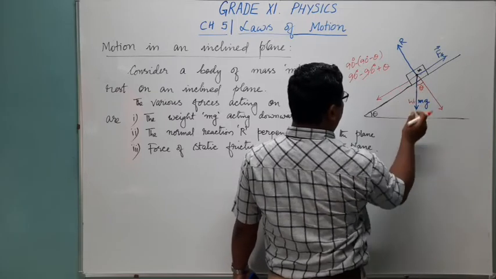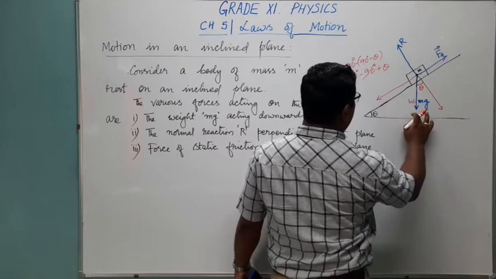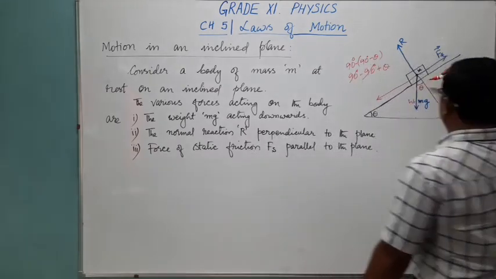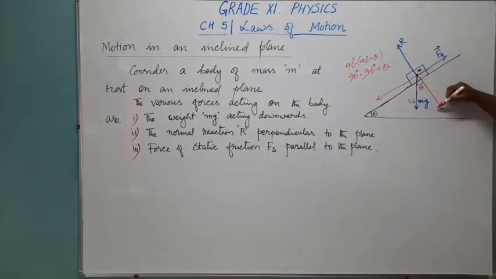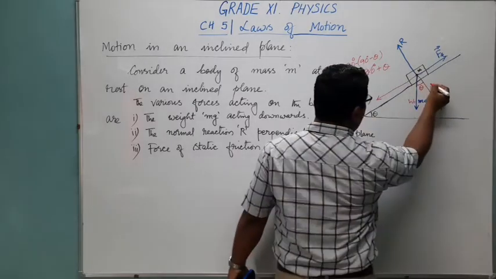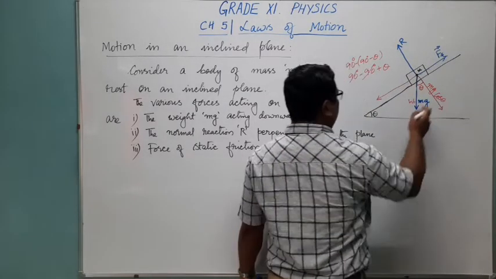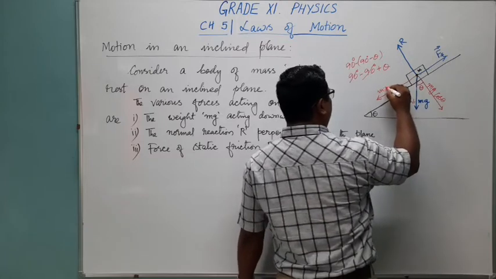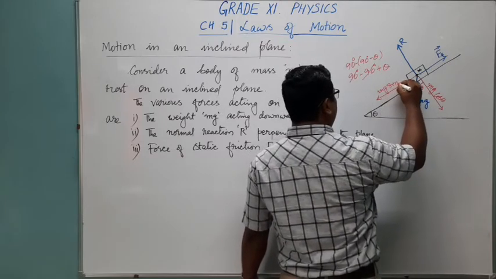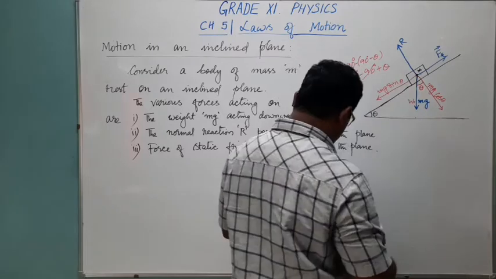So if you resolve it into its rectangular components, then this forms the base of the right triangle. If you drop a perpendicular here, this will be the base. So this will be mg cos theta, and ultimately the other side will be mg sin theta. So you resolve it like this.